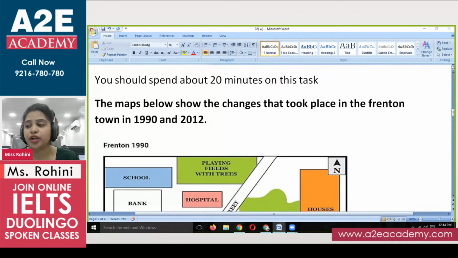Sachin, you can unmute your mic and paraphrase it. Maps. You can use some other word instead of using changes.